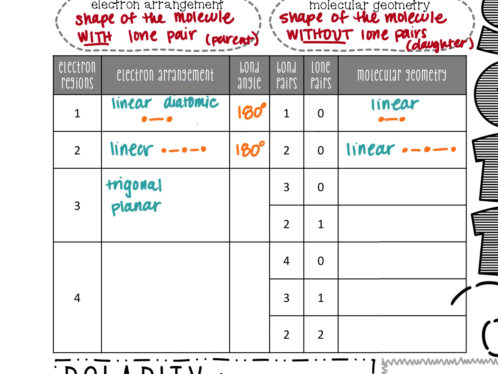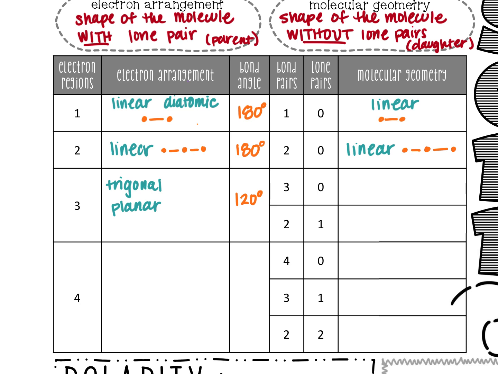The bond angle between each of these is going to be 120 degrees. Sorry, my pencil flipped over to the eraser.